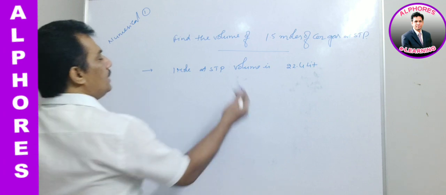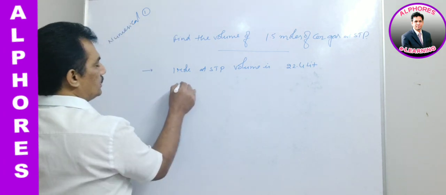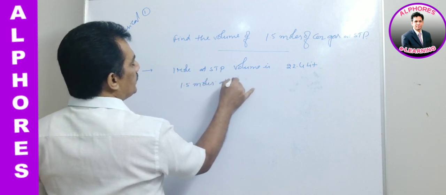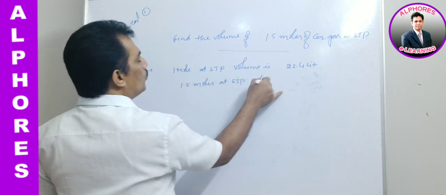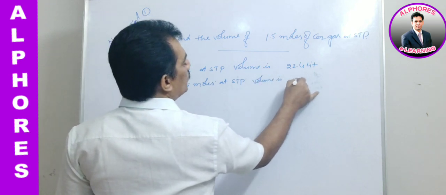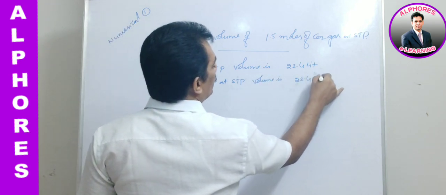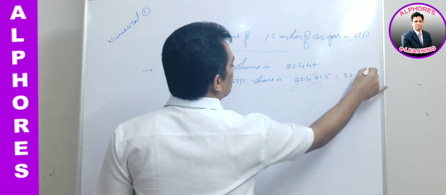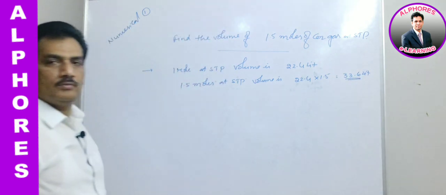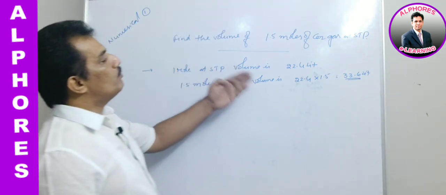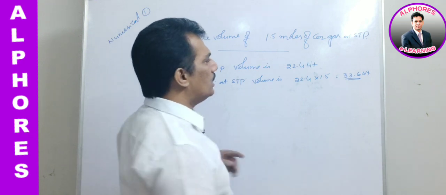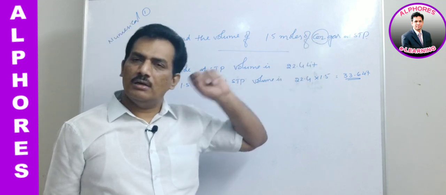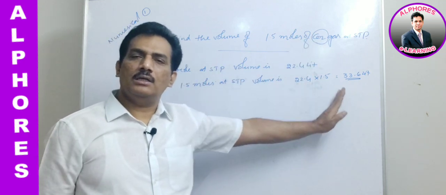And now, when 1 mole is 22.4 liters, 1.5 moles at STP volume is 22.4 into 1.5, that is 33.6 liters. That is, when number of moles of gas is given, you need not consider the nature of the gas, because we are not concerned only with one gas. For any gas, this is the relation.